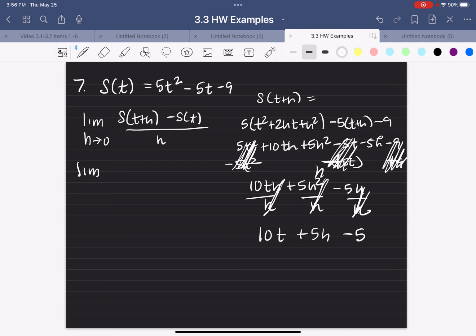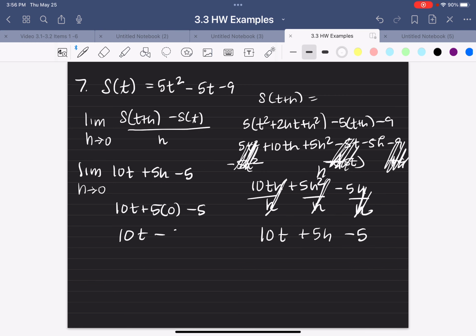And now I can do the limit as h goes to 0 of 10t plus 5h minus 5, and I get 10t plus 5 times 0, because I'm plugging in, minus 5, so 10t minus 5. That's the formula for the instantaneous rate of change, and they asked me to do it again when t is 2. So that's going to be 10 times 2 minus 5. 20 minus 5 is 15.